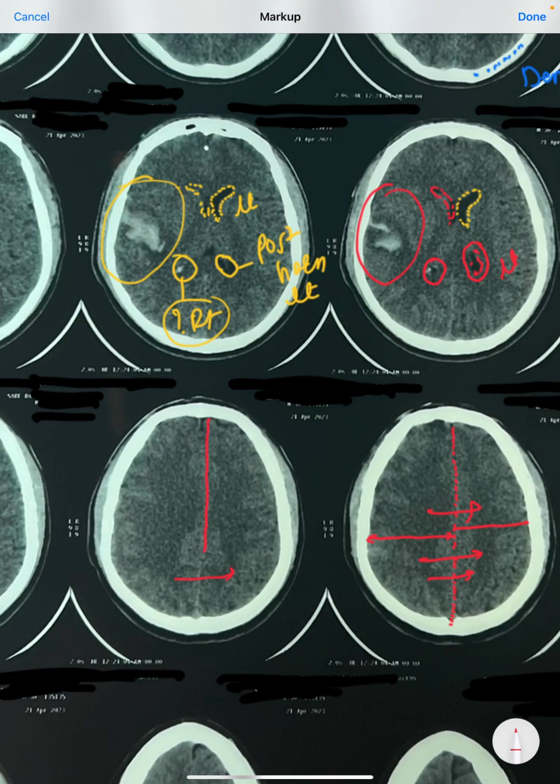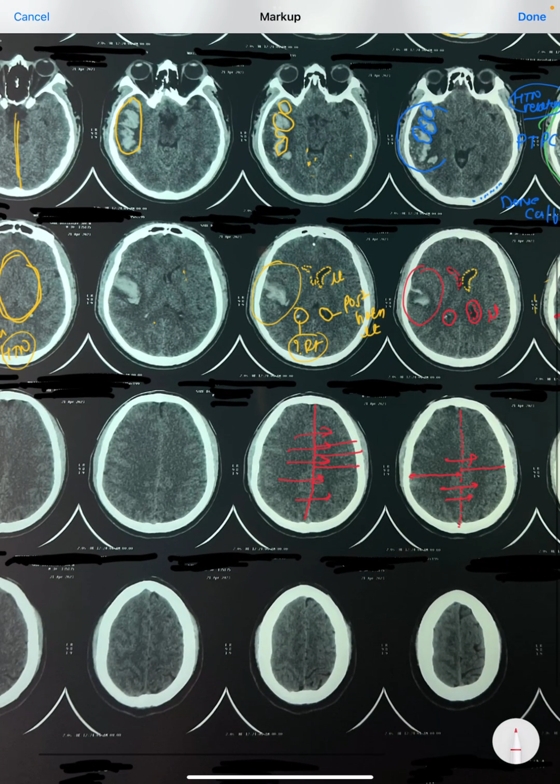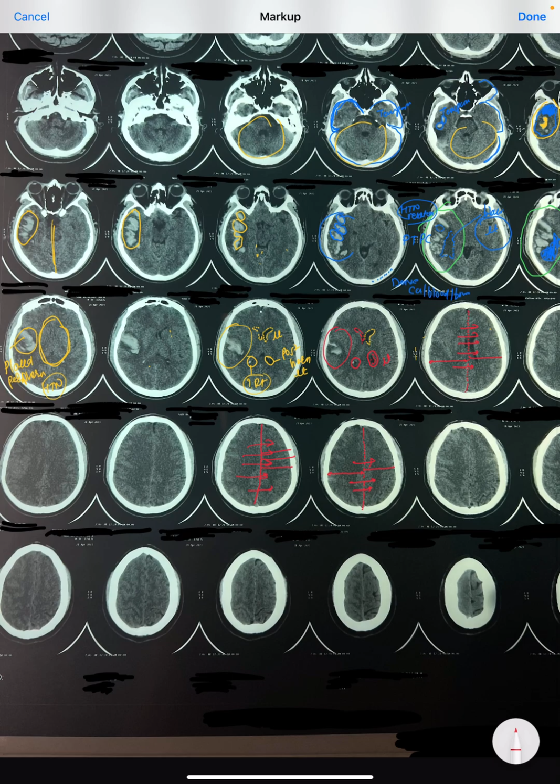Here also the midline is here. The left-sided brain parenchyma is getting compressed, is getting shifted because of this right-sided brain shifting toward the left side. So this is a very typical infarct with hemorrhagic transformation with mass edema with shifting of the brain to the left side.